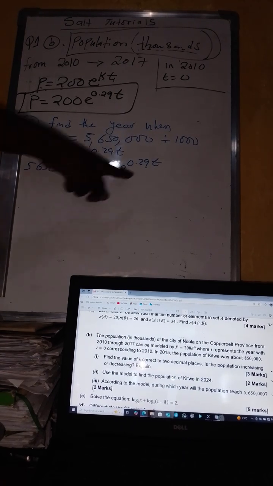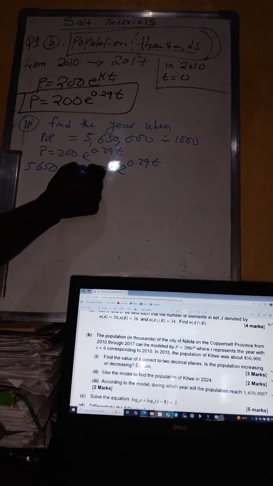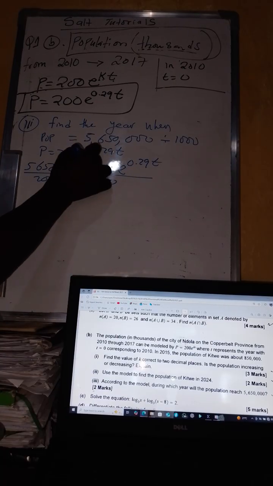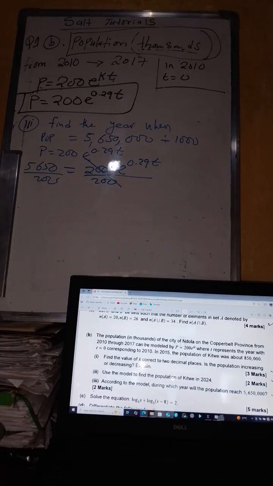We want to find the value of t. So it means we divide by 200. We divide by 200. This goes. We'll remain with 5,650 divided by 200.